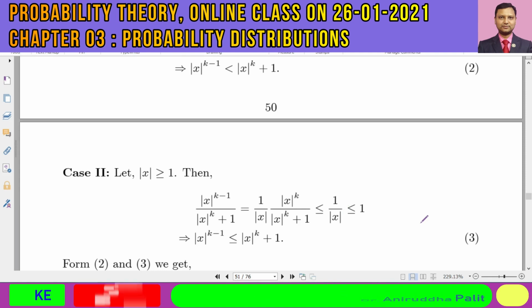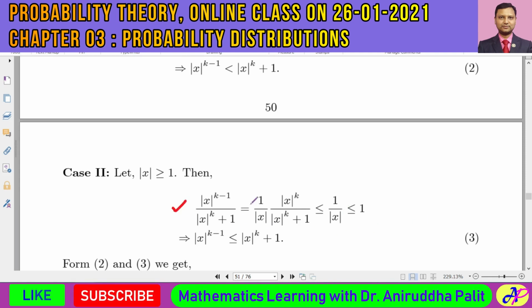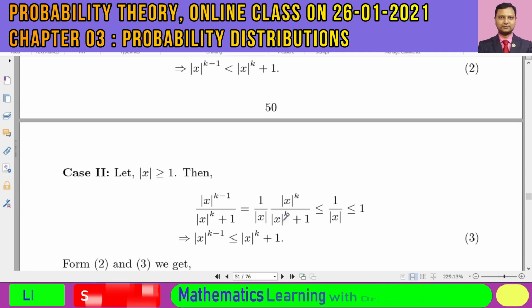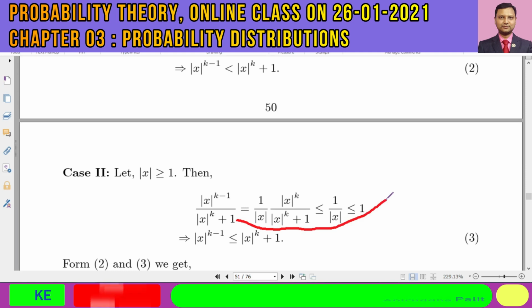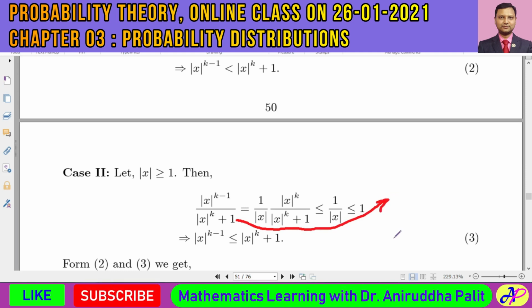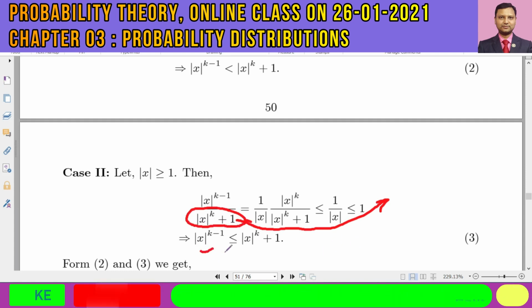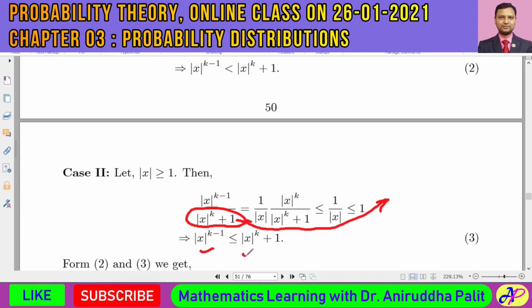And what we finally get is that this left hand side is less than or equal to 1. So if we cross multiply and shift this denominator to the right hand side, we get the result that |x|^(k-1) is less than or equal to |x|^(k+1).